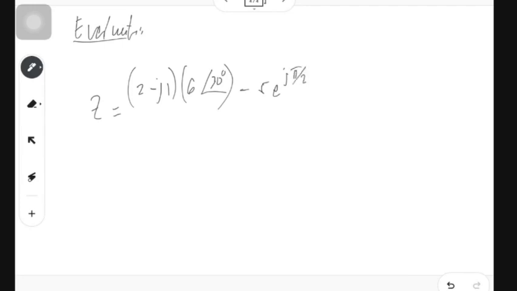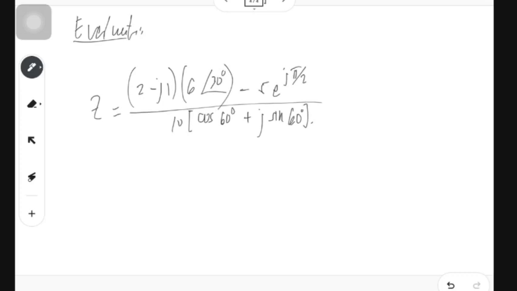And the whole to be divided by, let's say, 10 times the quantity cosine of 60 degrees plus j sine of 60 degrees.